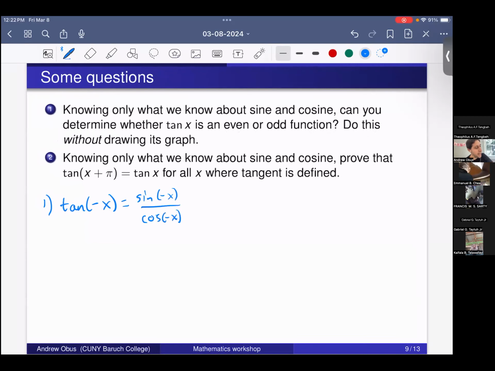Now we have our identities. Sine was an odd function, so sine of minus x is minus sine of x. And cosine was an even function, so cosine of minus x is cosine of x.